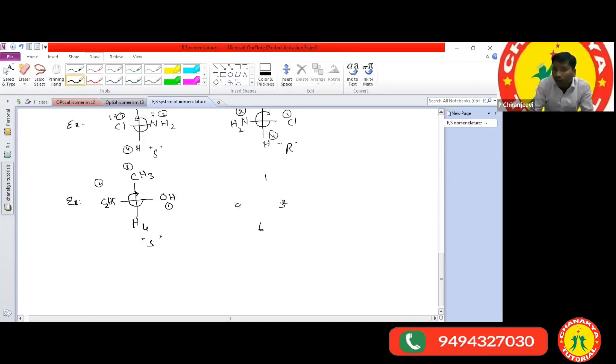If 1, 2, 3 is the sequence, you can write it like this, and when it rotates in this direction you call it clockwise. Otherwise, if it is 1, 3, 9, 6 and rotates in this manner, we call it anti-clockwise. Now you got the clarity, Aditi?